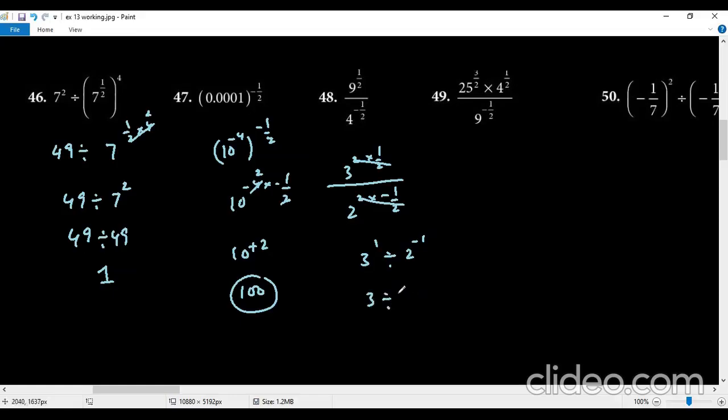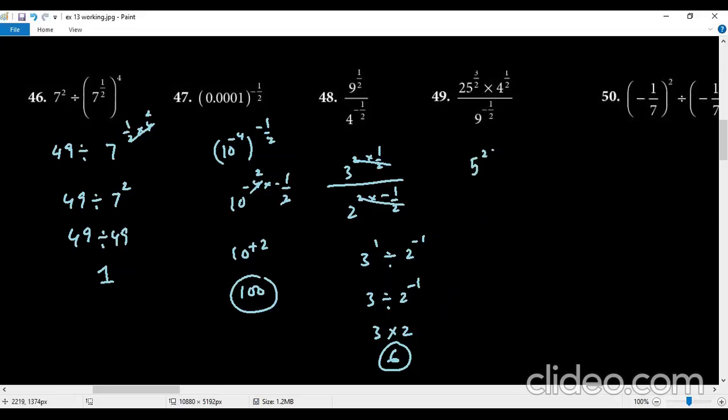That means 3 is divided by 2 to the power negative 1. That actually means divided by 2 times 2. So 6 is going to be your answer.